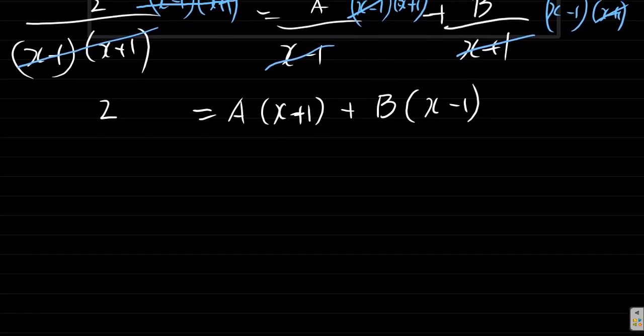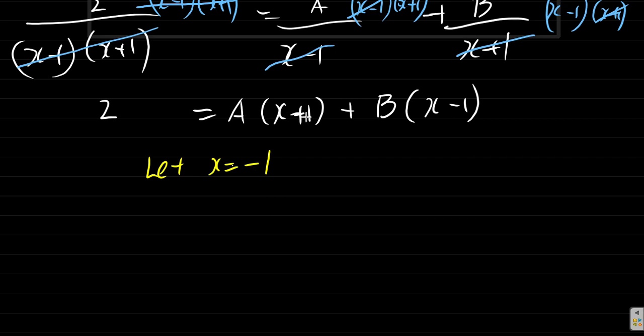What you're going to do now is let x equal negative 1. You know the reason why I do that is to eliminate a. When x is negative 1, negative 1 plus 1 will be 0.